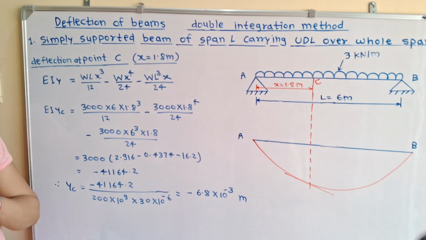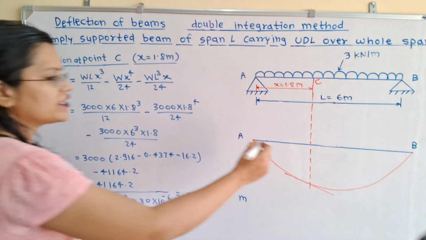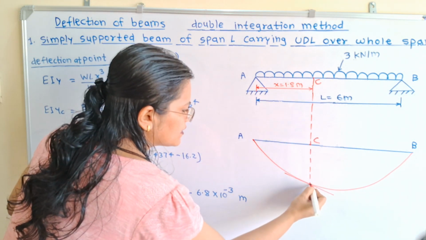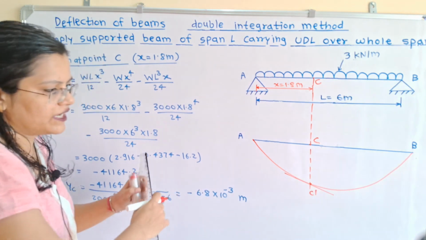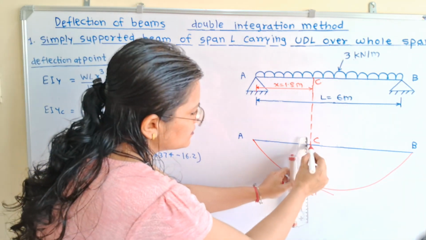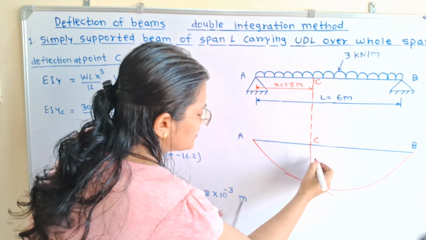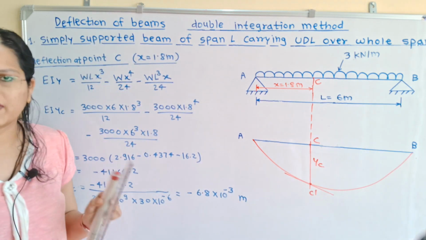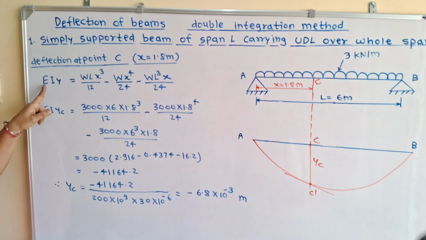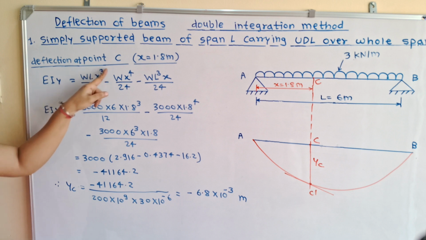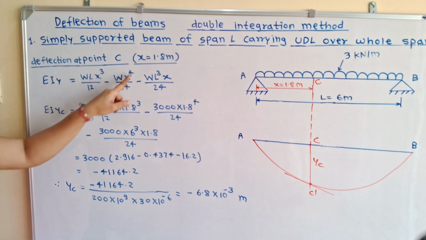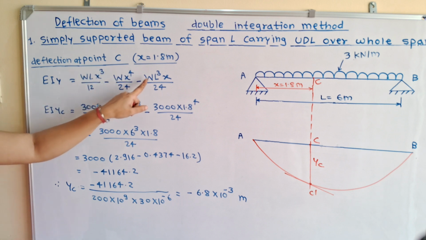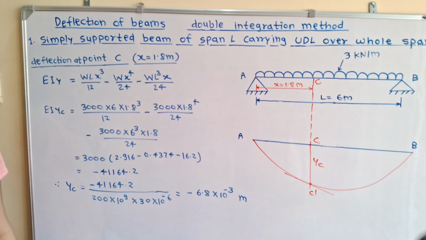Now we will calculate the deflection at point C. We know that this is the original position C and here is the final position C dash. So this vertical distance C to C dash is known as the deflection at point C, that is YC. We have the formula EIy is equal to WLx^3/12 minus Wx^4/24 minus WL^3x/24.